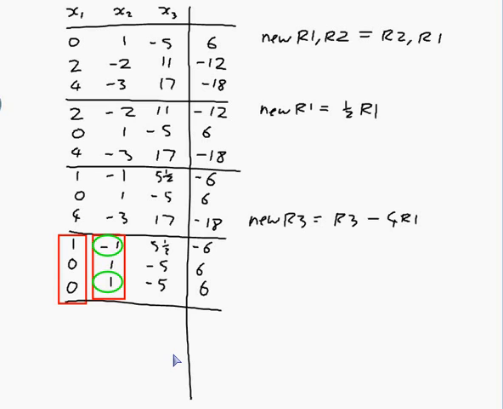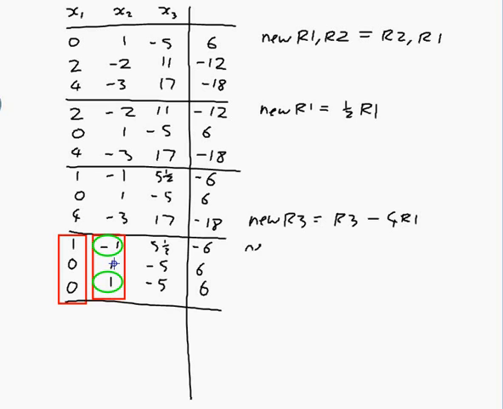So how am I going to do that? I'm going to add multiples of the middle row. So this row here to the other two rows. So I would like there to be a 0 here. So I would need to add on row 2 so that minus 1 plus 1 gives me 0.